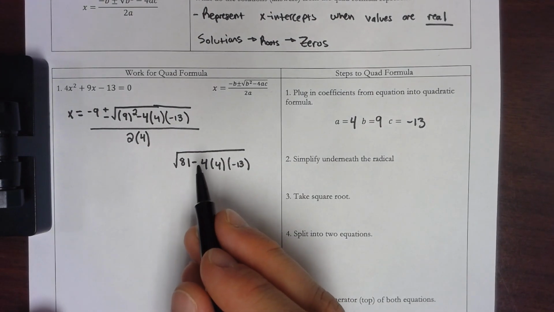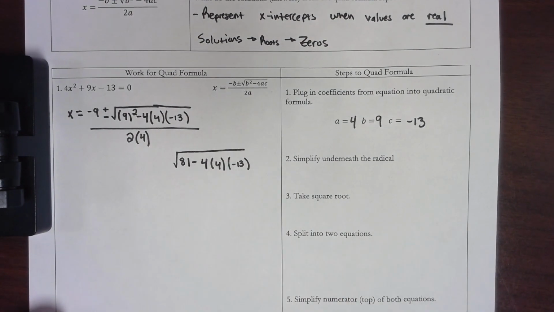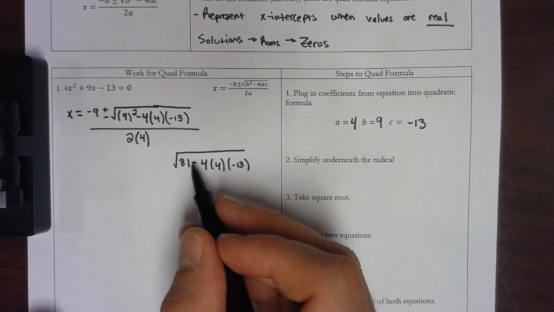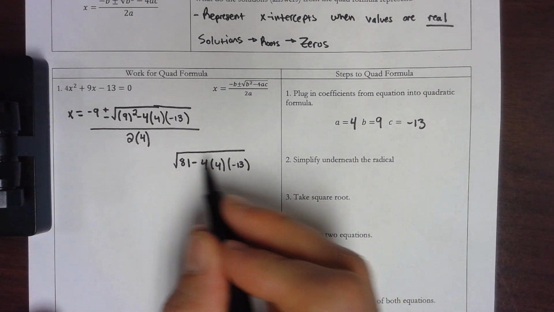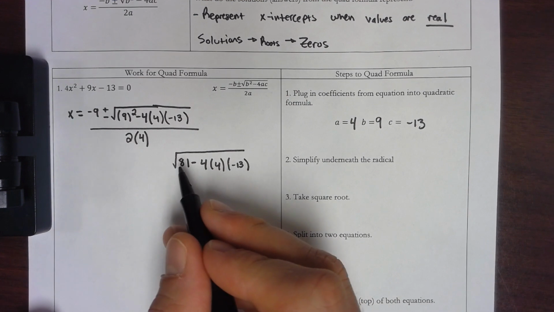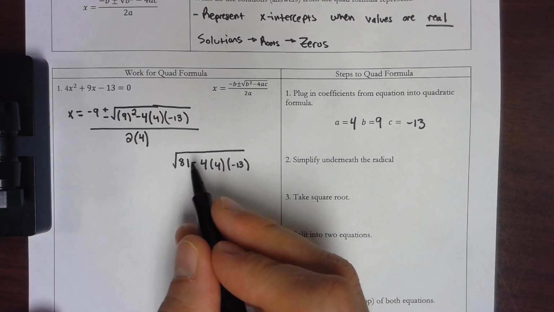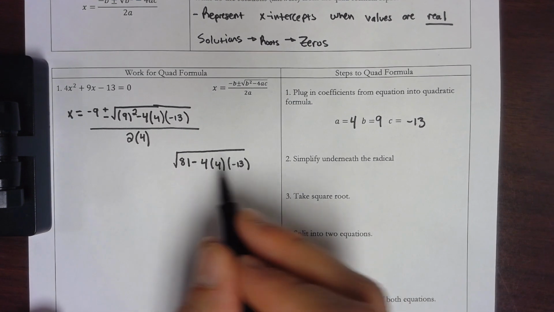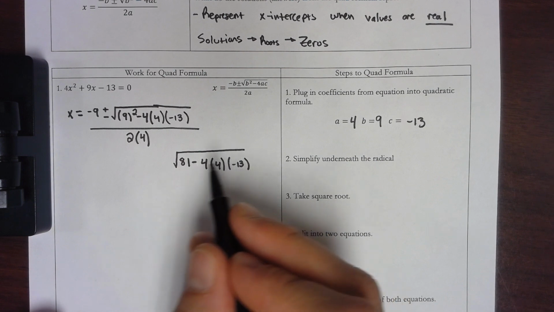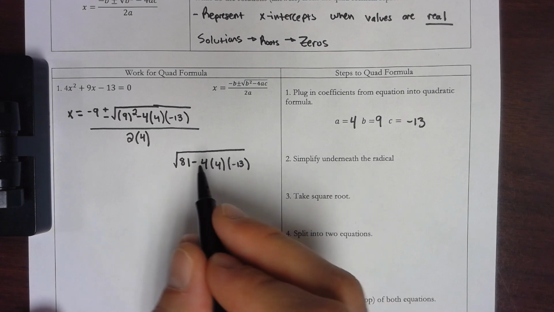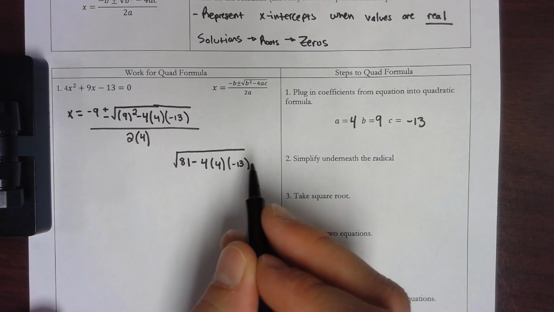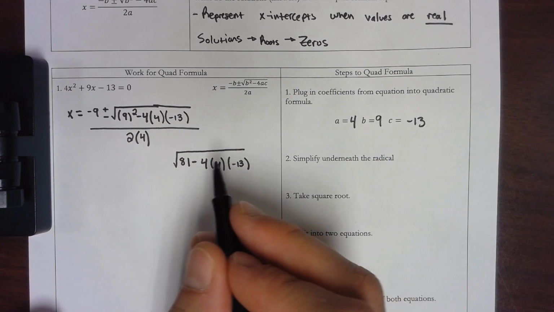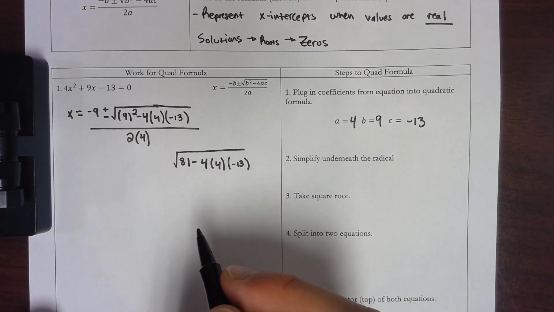So to me, this is negative 4 times negative 13. And since I have a negative times a negative, I know that I'm going to take this 81 and I'm going to add whatever these numbers end up working out to be. So I'm always thinking about how many negatives do I see in this minus 4 AC portion. Since there's 2, I know that I'm going to add on to 81.